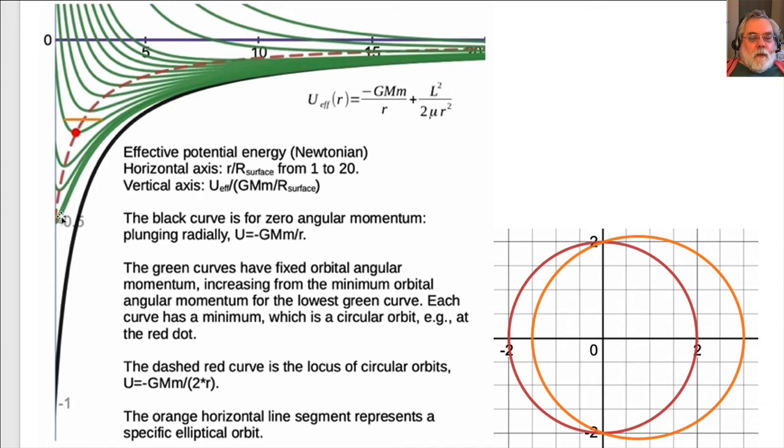The dashed red curve is the locus of all circular orbits for all values of angular momentum. The orange horizontal line segment represents a specific elliptical orbit, this elliptical orbit, for this particular value of angular momentum.